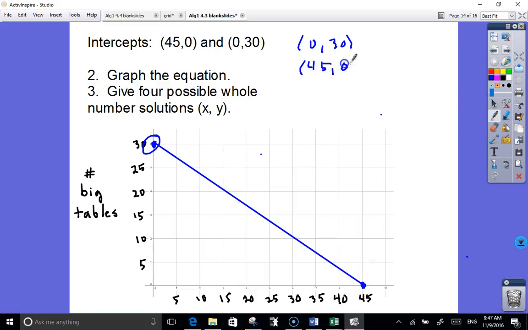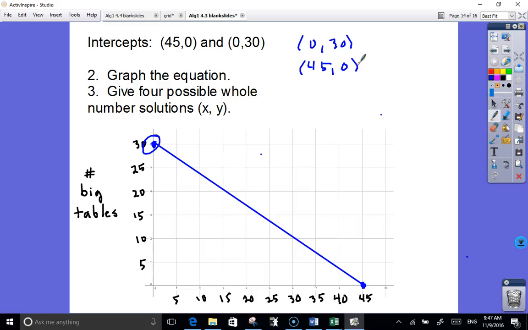And try to see, as you look at this graph, some place where the line is crossing the intersection of grid lines, so it's nice even numbers. 20 and 15. How about right there? 15, 20, and where's another one? 30, 10. So when they say find 4, they want you to pick out those 4 points.